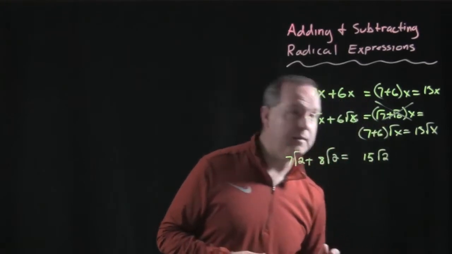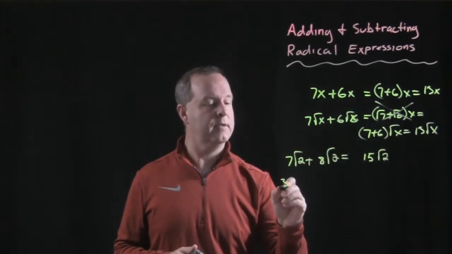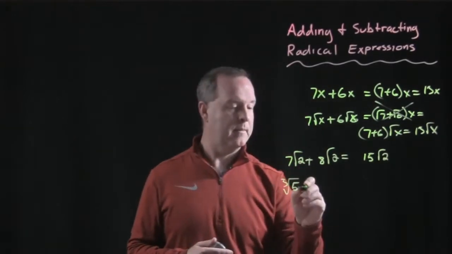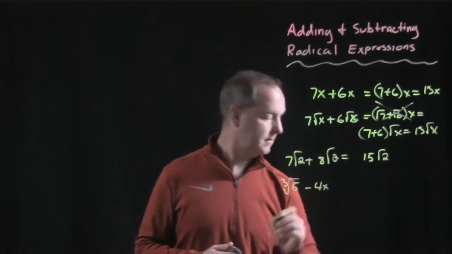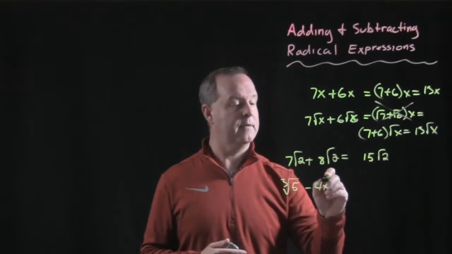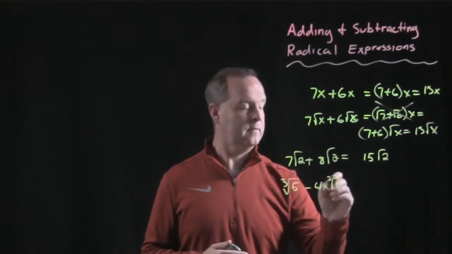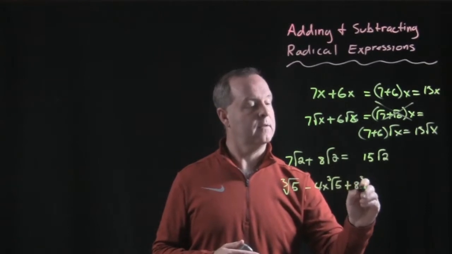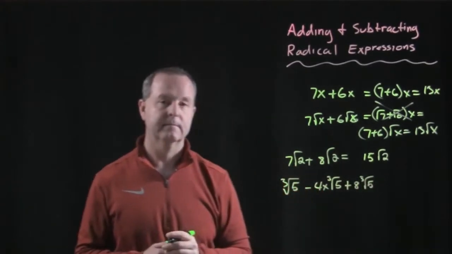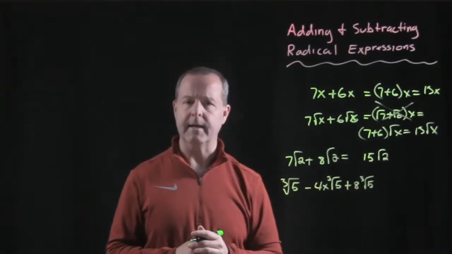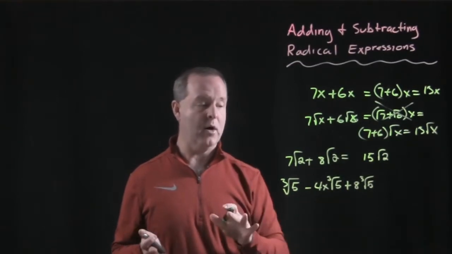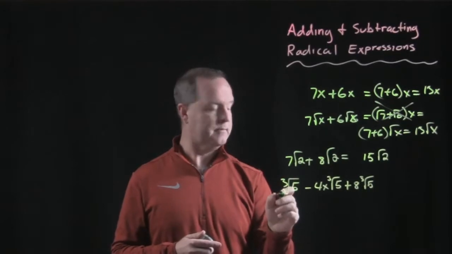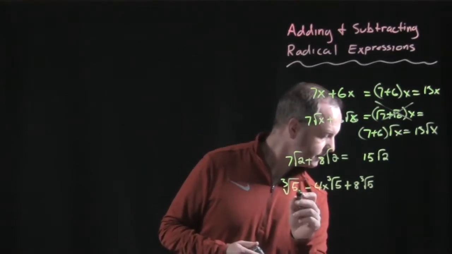Let's look at the cube root of 5 minus 4x cube roots of 5 plus 8 cube roots of 5. Well, this one might be a little bit more tricky. So let's just go ahead and combine all the coefficients that we're going to be looking at. So I have, was there one begin there?